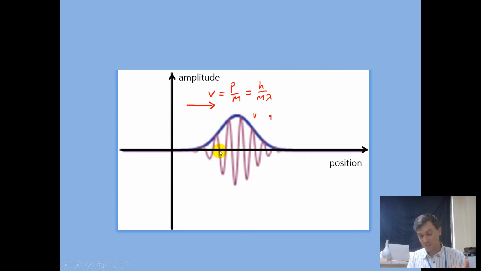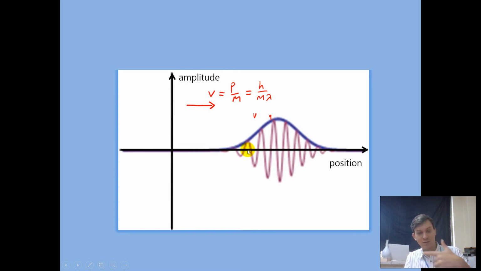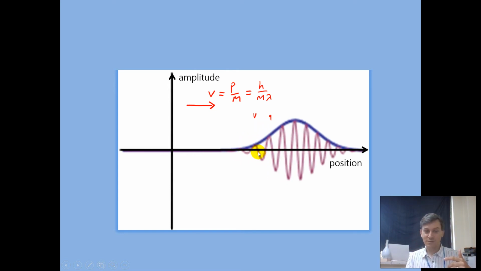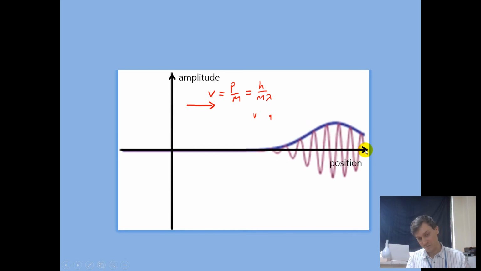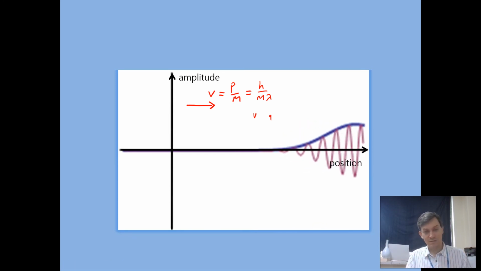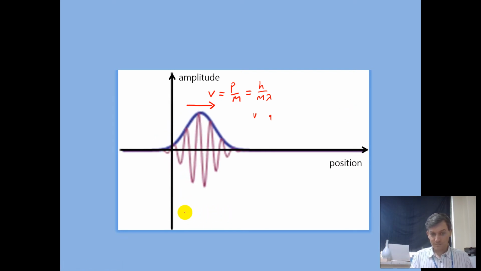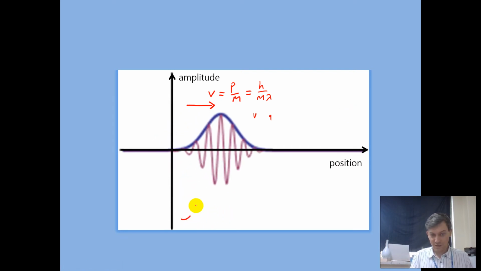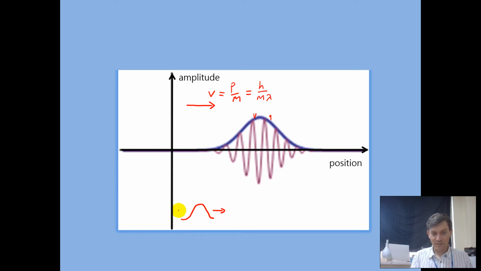So at the back end, where the wavelet is moving less quickly, you have a longer wavelength. And at the front end, where the wavelet is moving faster, you have a shorter wavelength. So the wavelet as a function of time gets wider.